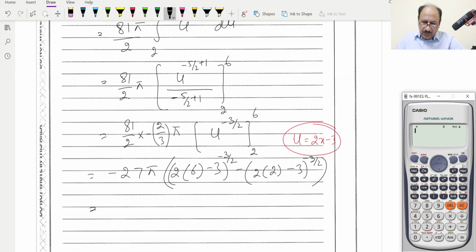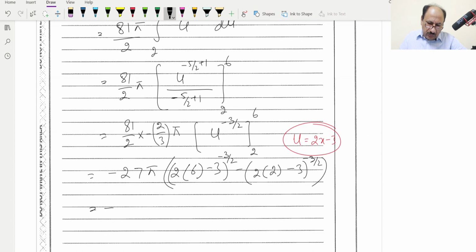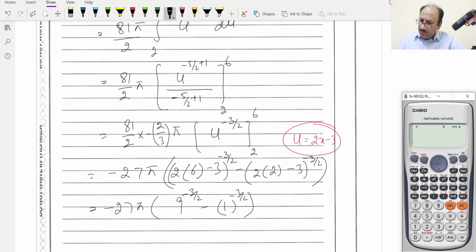We will recheck again. I will do it in steps over here. This will be 12 minus 3, which is 9, 9 raised to the power minus 3 by 2, minus 4 minus 3 which is 1, so 1 raised to the power minus 3 by 2, and we can simplify this.